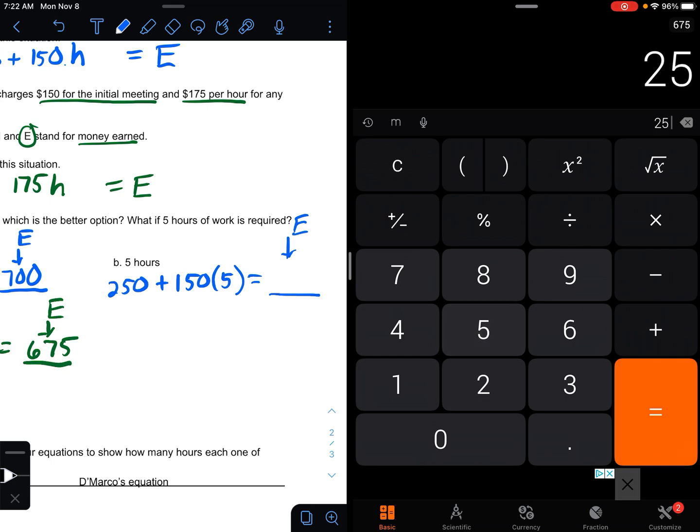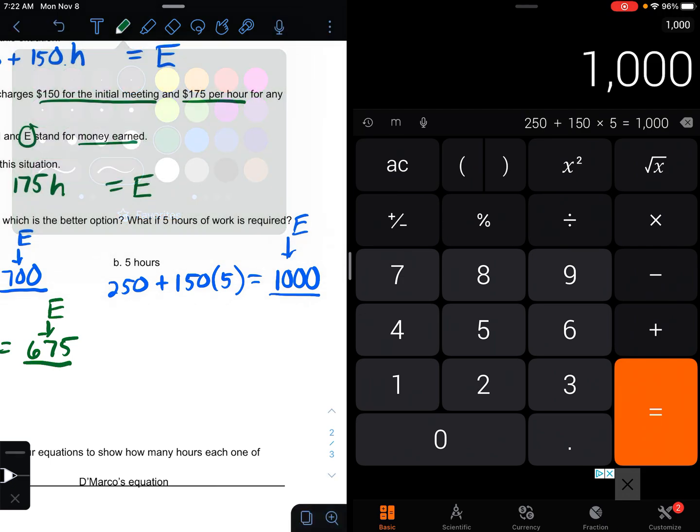So 250 plus 150 times 5 equals $1,000. Okay.